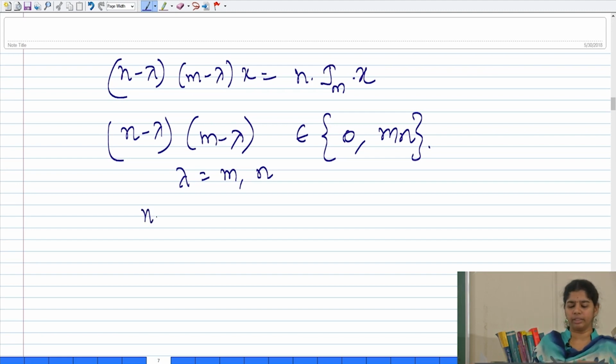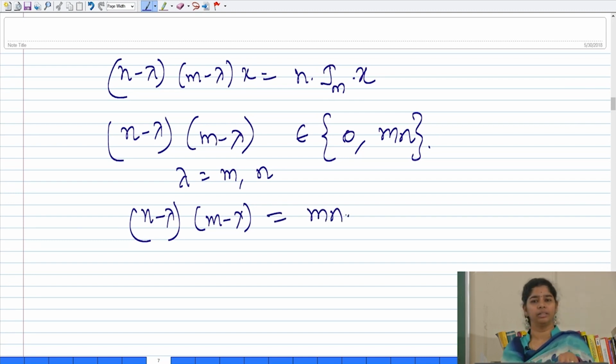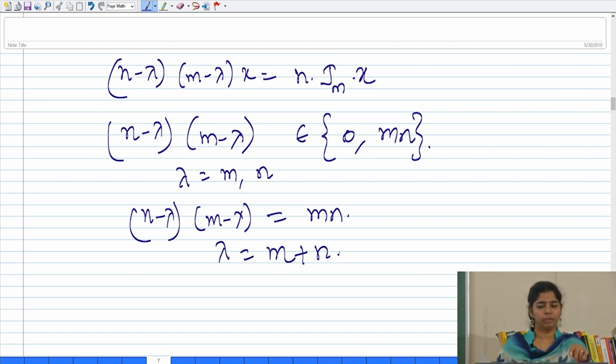Similarly, if we equate n minus lambda into m minus lambda to be equal to mn, we just have to solve this quadratic equation. If you expand the left hand side, you get lambda square minus n plus m into lambda, plus the mn term, which gets cancelled out.